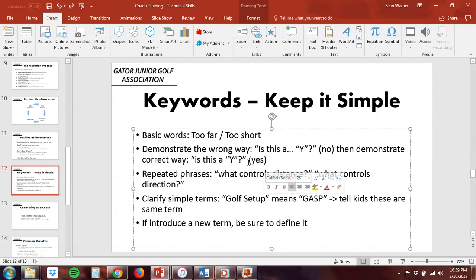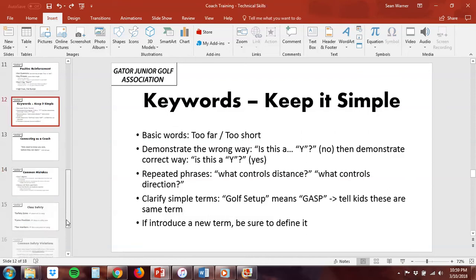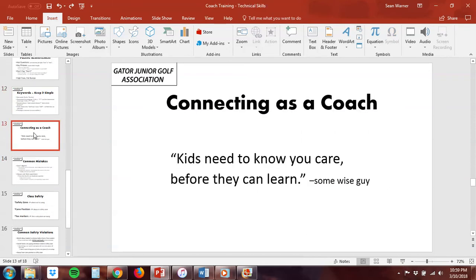So use direction, a word they know. Just be very mindful that you might be throwing all these different terms at them, and they may not have any idea what you're saying. So it's important to always define any terms you tell them.